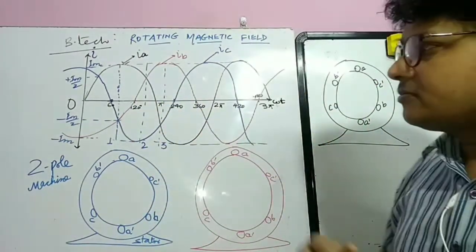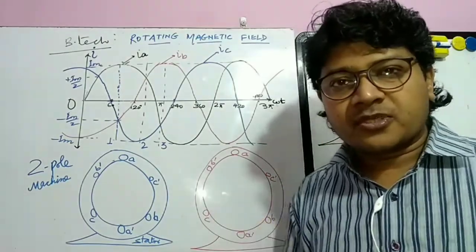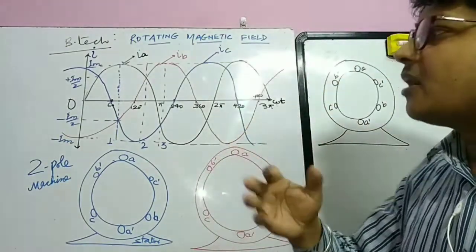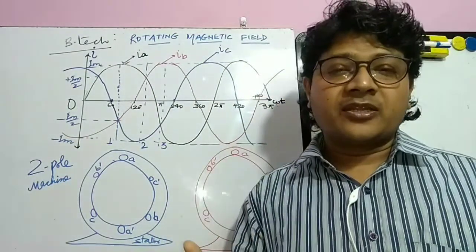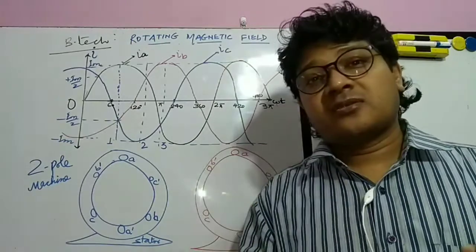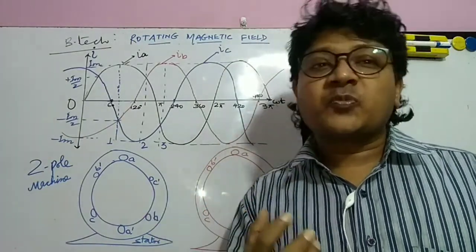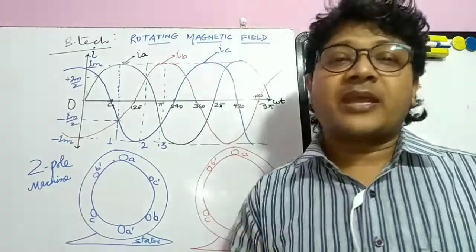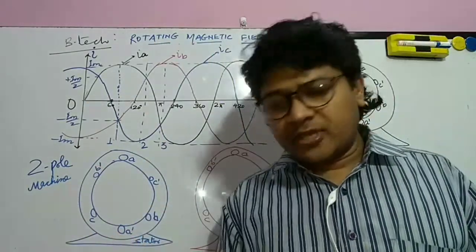Now we have to observe from where and how a magnetic field is created, and how that magnetic field rotates automatically, and moreover provides a constant magnetic field at every point. How is it possible?